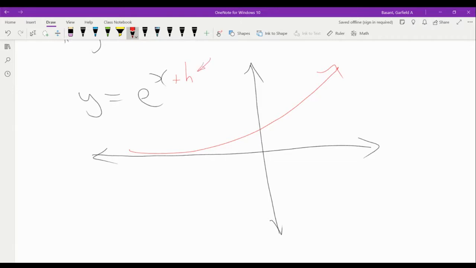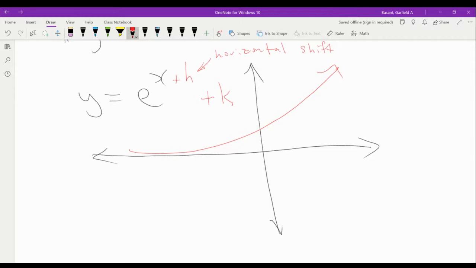So this is a horizontal shift. So this is going to be a left and right direction along the x-axis. But that was very good. Now, if you put a number out here, being added to the overall function, that's the vertical shift.